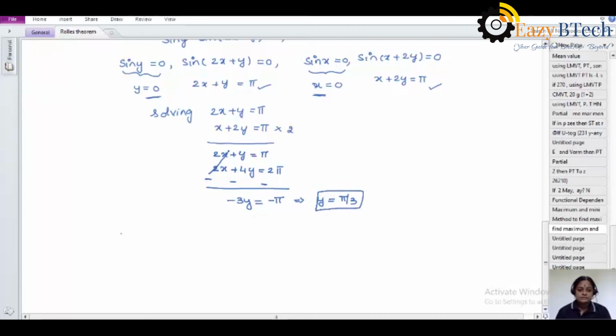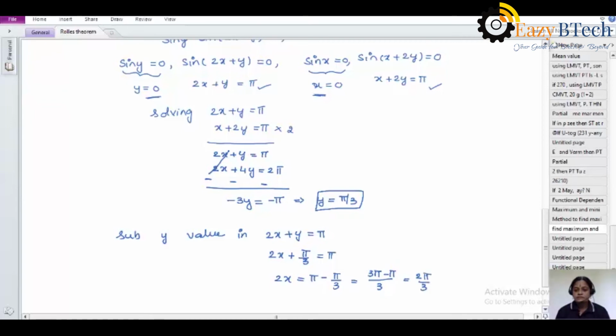So substituting the y value in any one of the equations, that is 2x plus y is equal to pi or x plus 2y is equal to pi. Substitute this value: 2x plus pi by 3 is equal to pi. 2x is equal to pi minus pi by 3, and LCM is 3. 3 pi minus pi, that is 2 pi by 3.